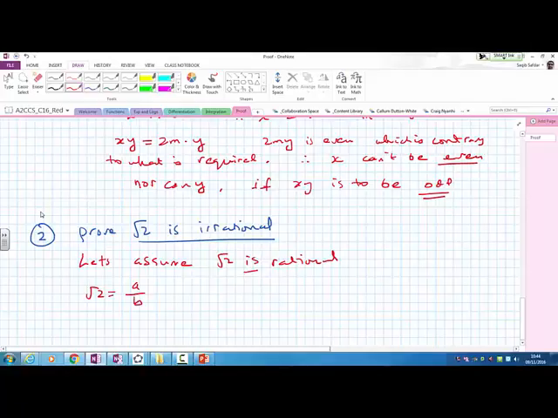b, where a and b have no common factors. So two integers have no common factors and are therefore what we'll term co-prime.